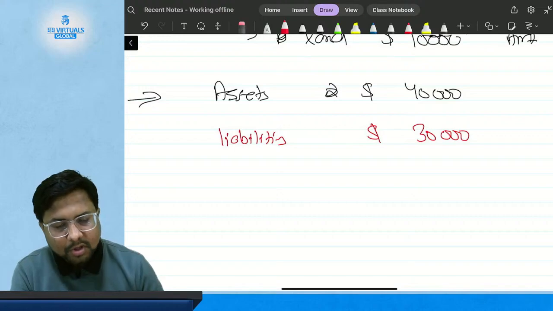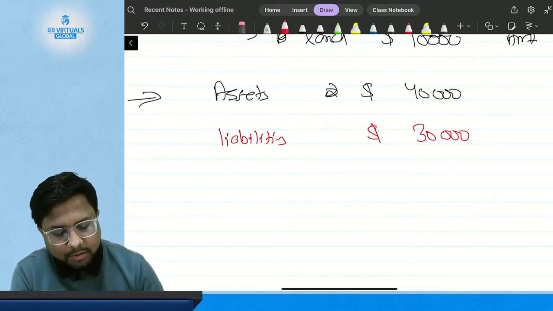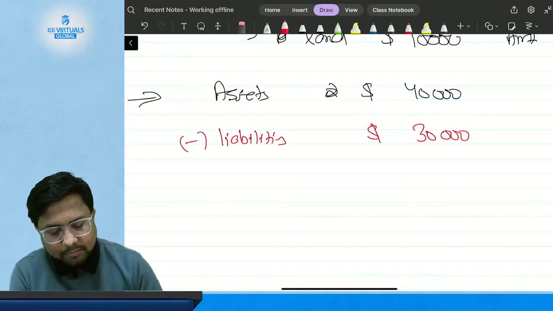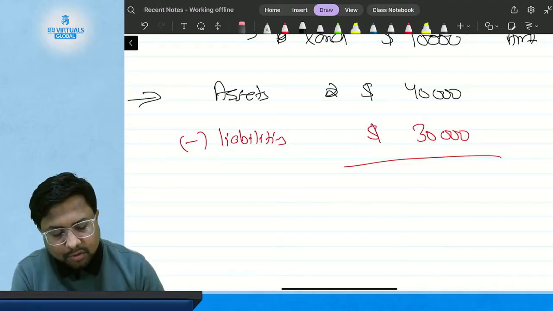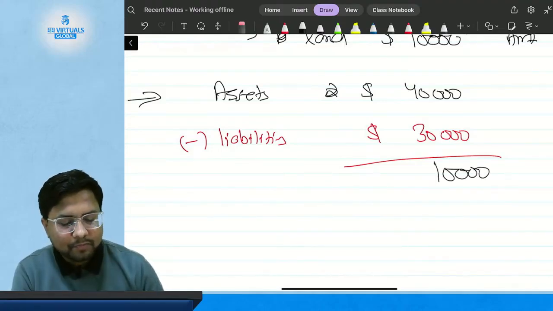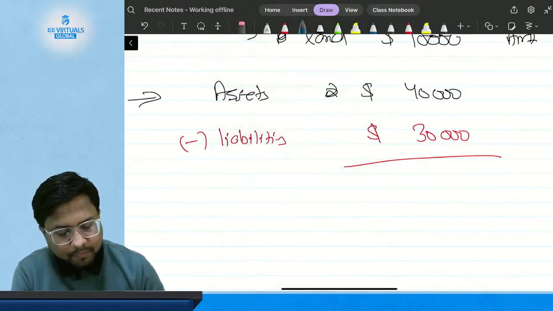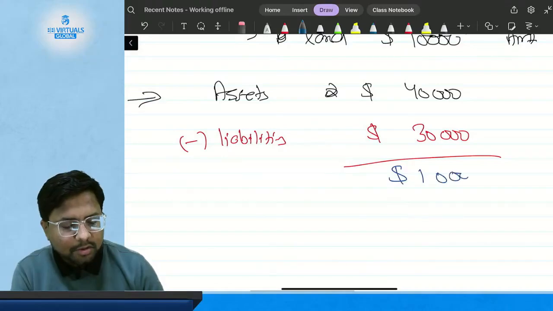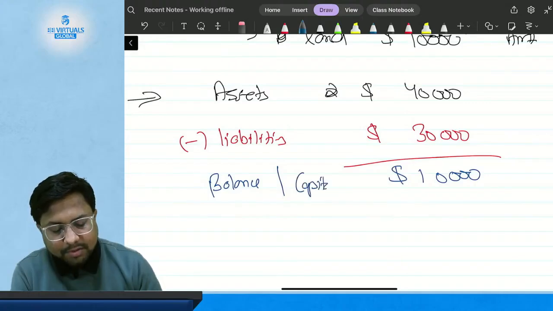I have purchased assets of $40,000 and taken a loan of $30,000. If you deduct that amount from the total asset, it comes to $10,000. $10,000 is my balance. That is my capital, the amount which I have invested.